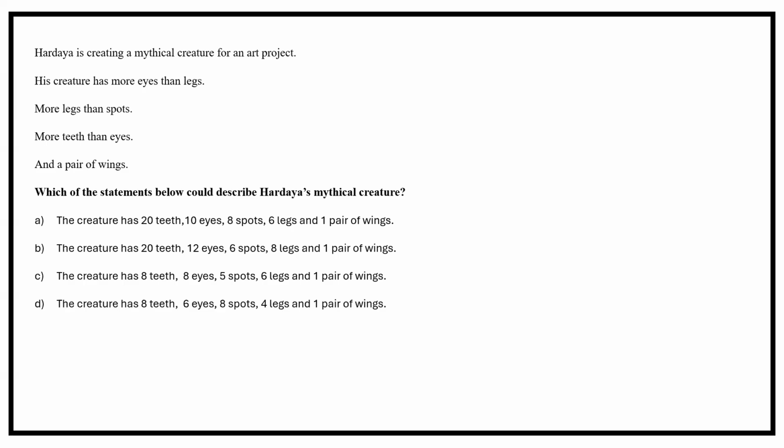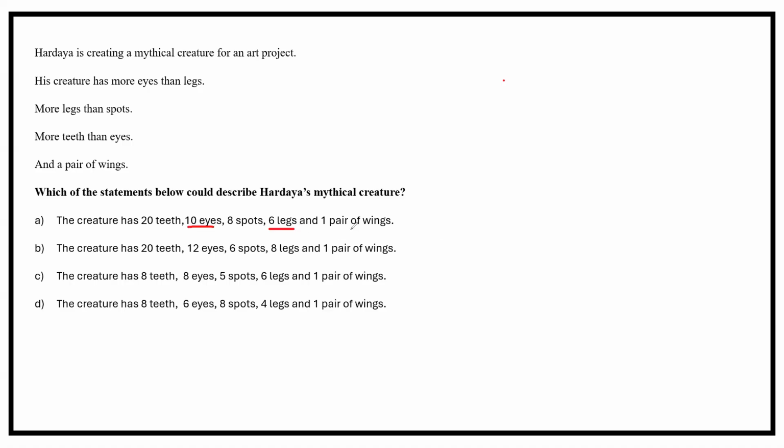Okay, so Hard Dyer is creating a mythical creature for Arch product. This creature has more eyes than legs, so you have to look for the eyes and legs. Let's look at A. 20 teeth, 10 eyes, 8 spots, and 6 legs. So it can't be A because it has more eyes.